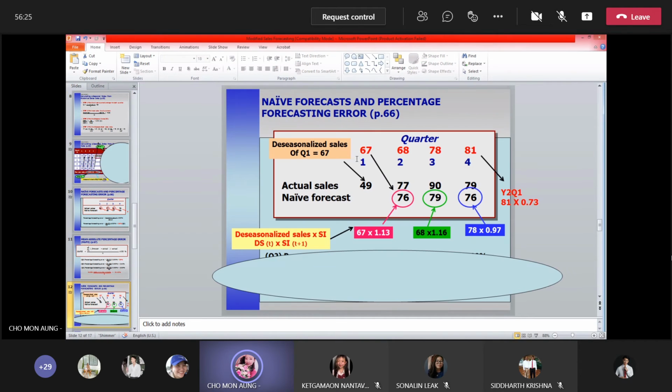Now we are going to forecast. We need to adjust it back. Deseasonalized sales of Q1, we will multiply back by the seasonal index of Q2. So that sales data will be the sales forecast for Q2 that we are forecasting here. Can you follow?